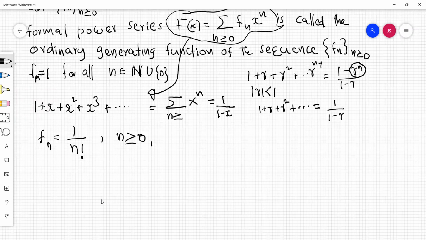What is the associated function for this one? Can someone tell? Is it a Taylor series? Taylor series of what? E to the power x, right? It is e to the power x because e^x is equal to the sum over n greater than or equal to 0 of x^n over factorial n.